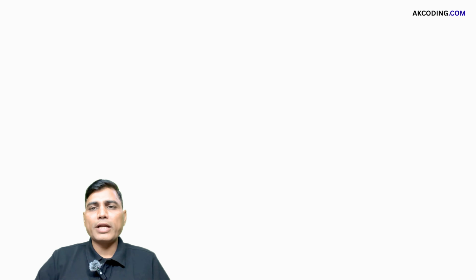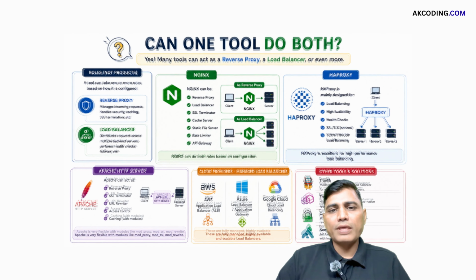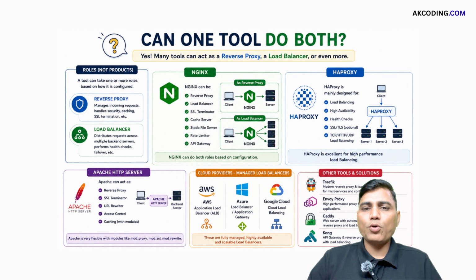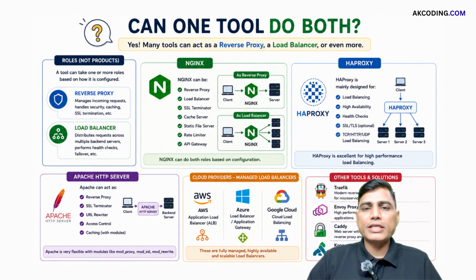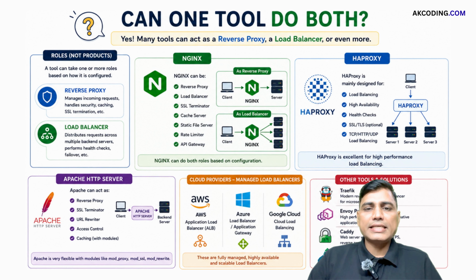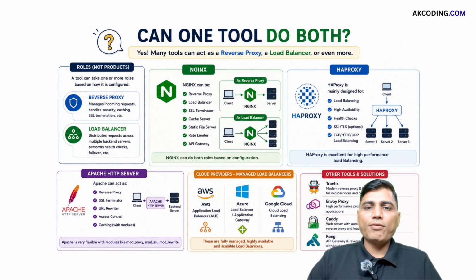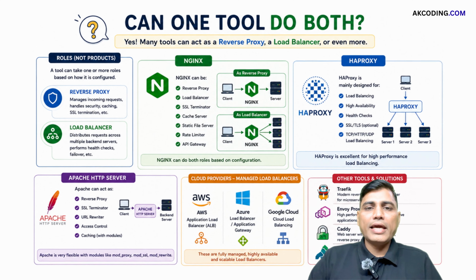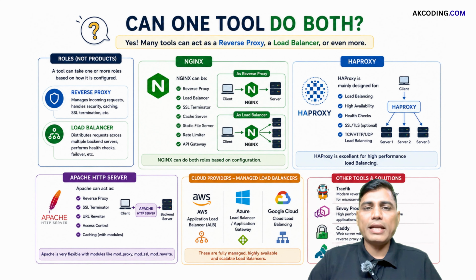The most important thing, most of the time the interviewer may ask: can one tool do both responsibilities, like reverse proxy and load balancer? Can Nginx act as both? Nginx can do reverse proxy, load balancer, SSL terminator, cache server, and static file server. Similarly, HAProxy is mainly designed as a load balancer.